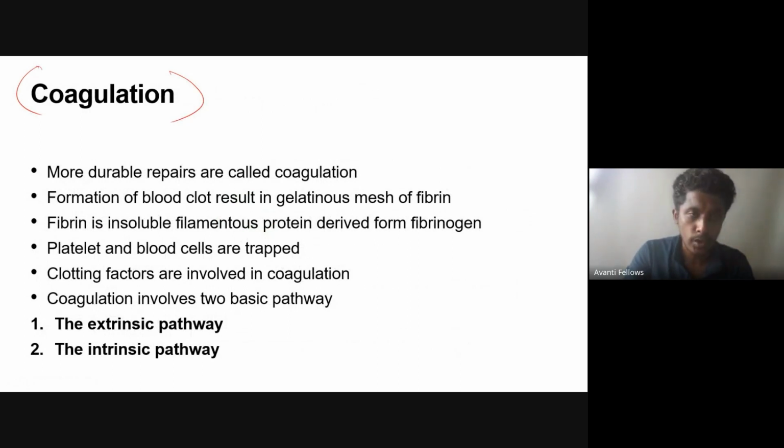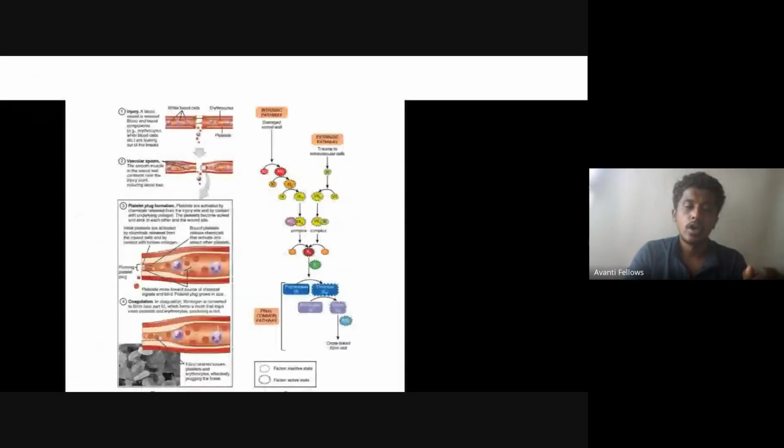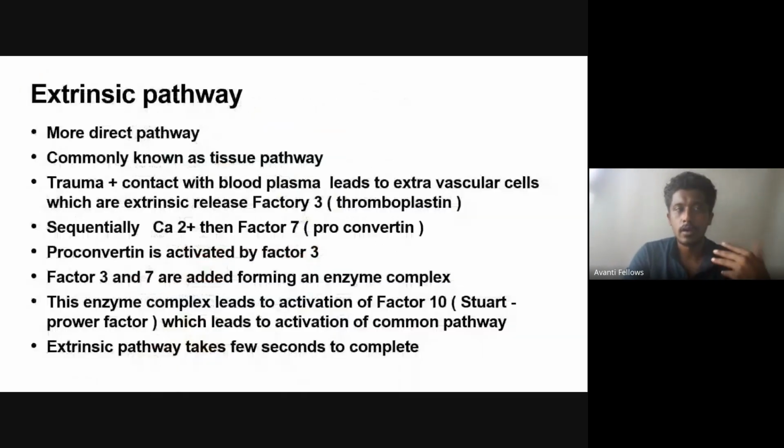Okay. So, how does this coagulation form? Coagulation is not a one-step process, it happens in multiple steps. To do something in multiple steps, multiple things are involved here. We call these the factors of coagulation, or coagulation factors, or blood clotting factors.